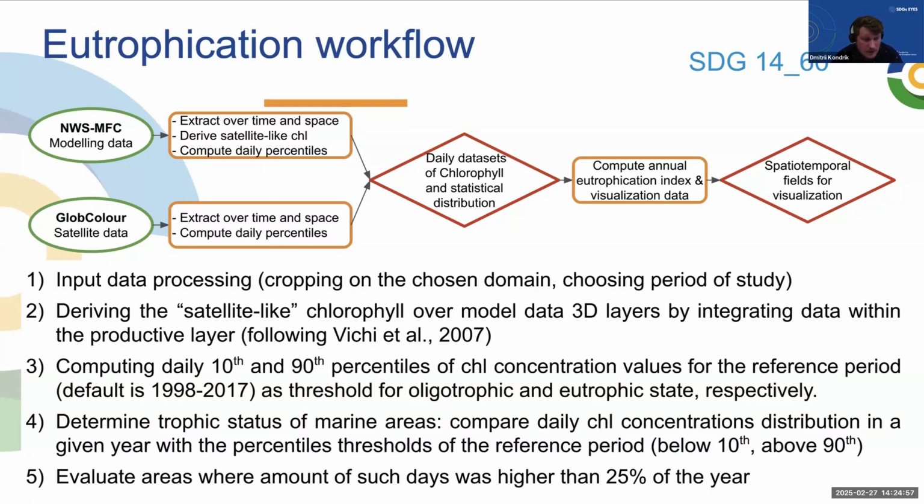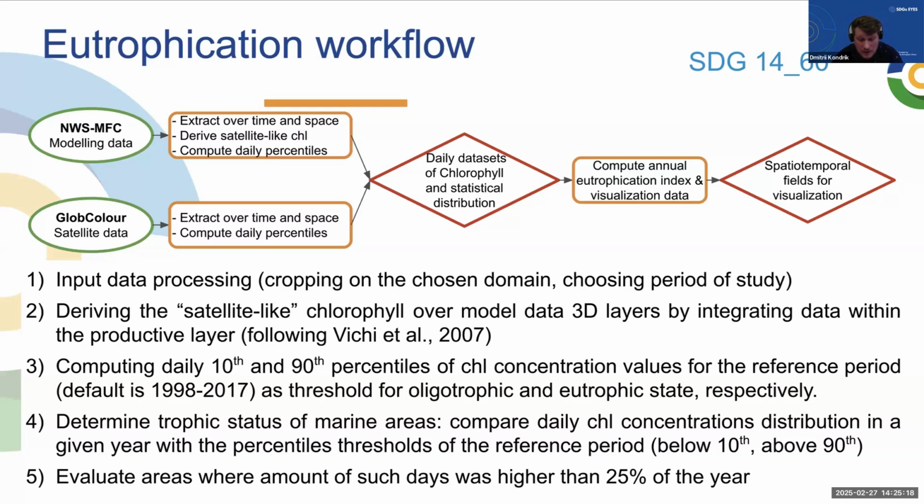Then we continue with computing the daily 10th and 90th percentiles of chlorophyll concentration values for the reference period, by default 1998 to 2017. And then we determine the trophic status of marine areas by comparing the daily chlorophyll concentration of a given year with these percentile thresholds.